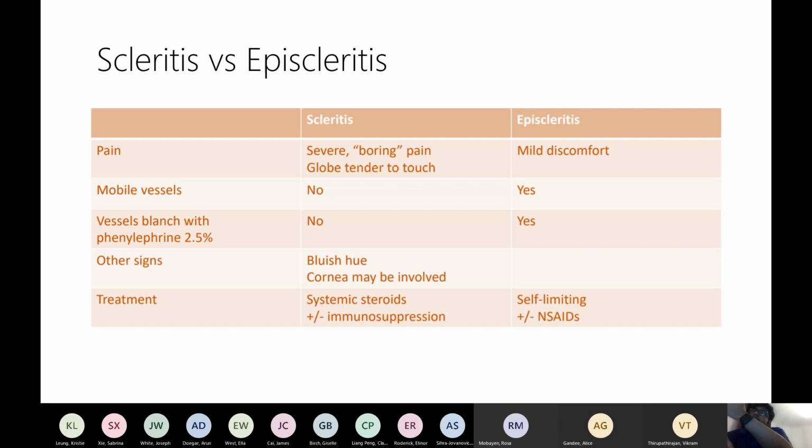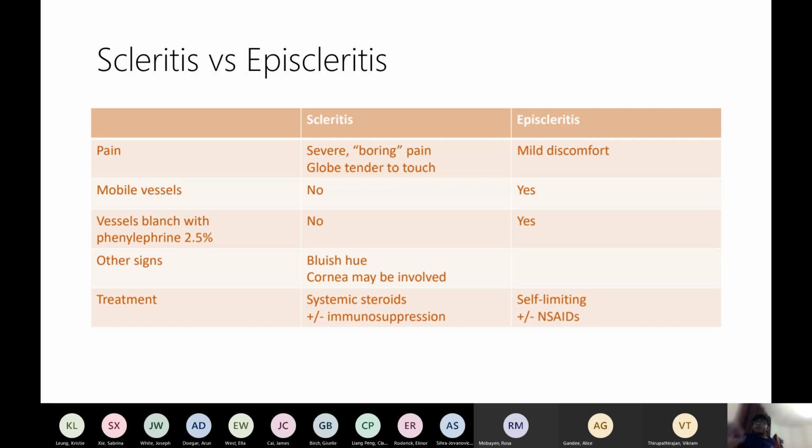The other thing about scleritis is you actually get thinning of the sclera, so you can start seeing into the eye, and that causes like this bluish hue. You really do need to treat scleritis. Episcleritis tends to be self-limiting.